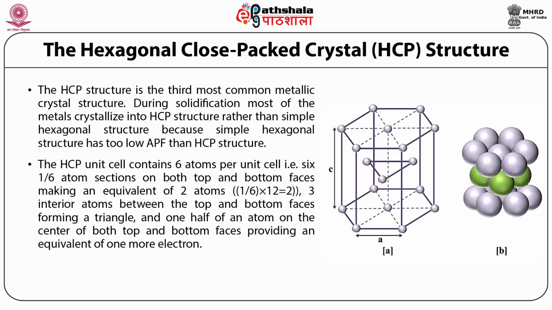Furthermore, the HCP structure has the same coordination number and APF as FCC, that is 12 and 0.74 respectively. Various metals which belong to the HCP crystal category are magnesium, titanium, zinc, cadmium, etc.